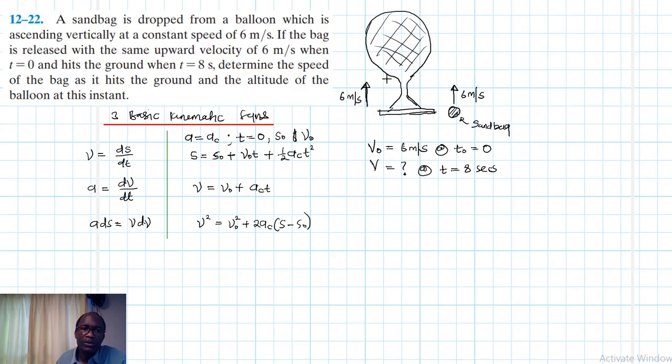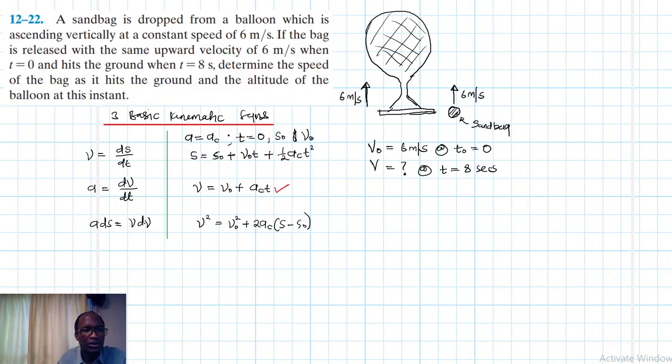The balloon is ascending at a constant speed, therefore its acceleration is equal to 0. At the moment the bag is dropped, it will have an initial velocity of 6 meters per second, but it's going to experience acceleration due to gravity, which is constant. So we'll go with this particular equation.